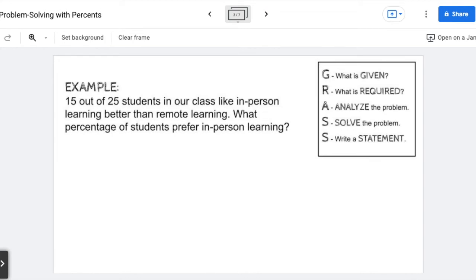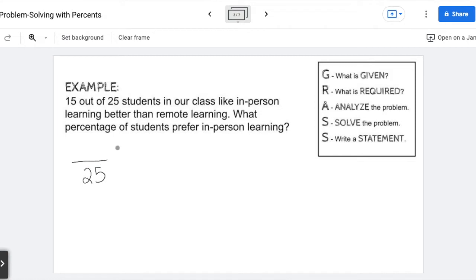So here you can see 15 out of 25 students in our class like in-person learning better than remote learning. What percentage of students prefer in-person learning? So if we think about this as a fraction, we can think, how many students are there in the class? What is the total number of parts in the whole thing? Well, that's 25 students.